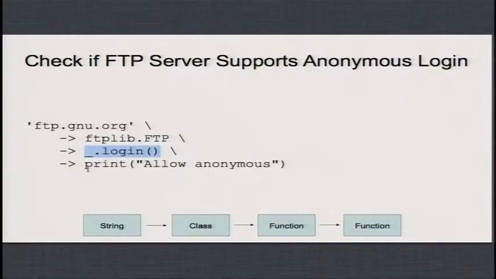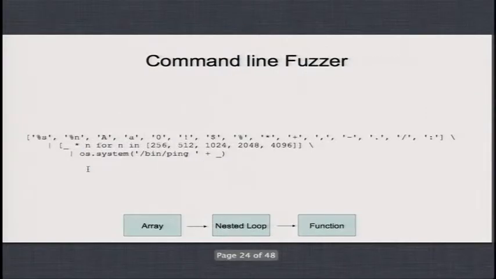In that case, it will be the ftp.gnu.org string. Now, if the login method has returned false, which means it was not able to connect to the FTP site, then Pythonect will terminate the flow at that point. So the print allow anonymous will never be executed. It's not limited to specific functions. It's not limited to anything. It's just a way that I'm treating true or false values in Pythonect.